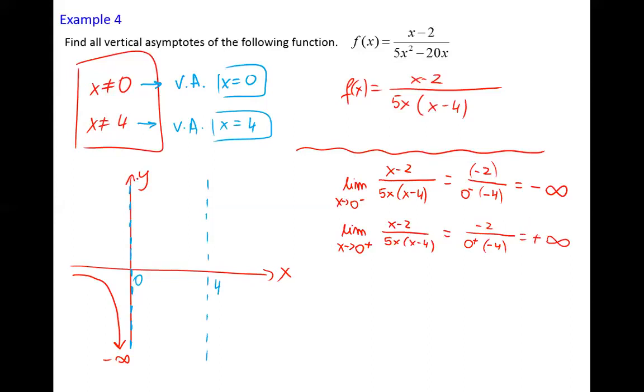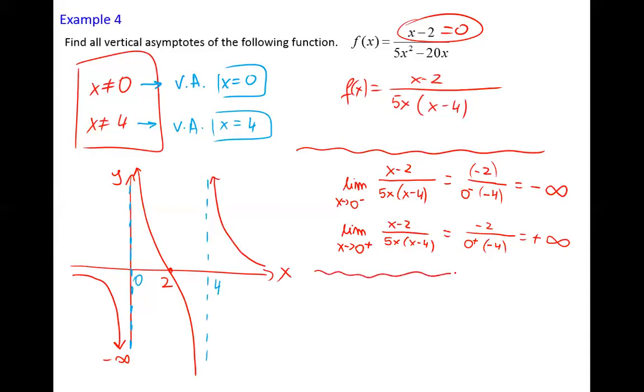That means the function will go up. Another thing I can find out is that the x-intercept is 2, because I can just solve the top. And I'm just assuming that the function will behave like that. This is 2, and the function will go left-hand side at 4 negative infinity, and on the right-hand side positive infinity.